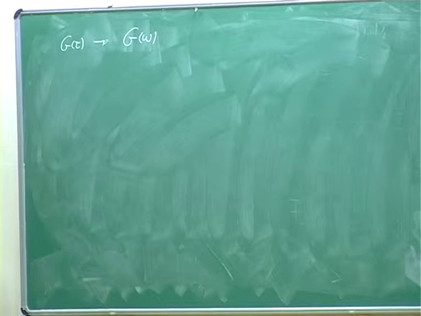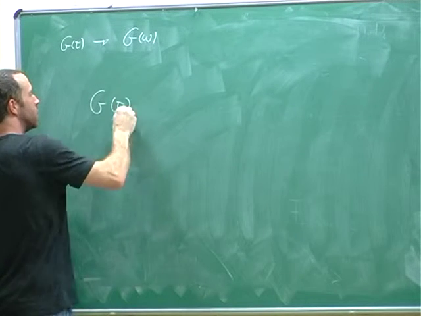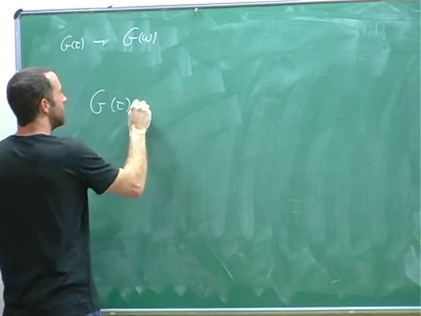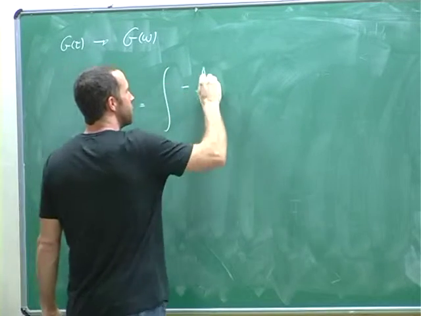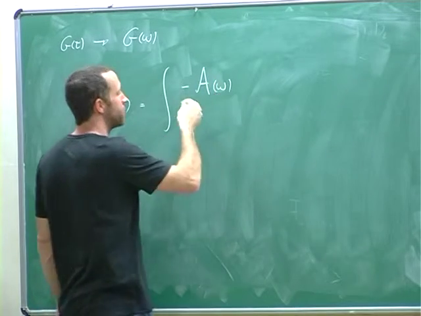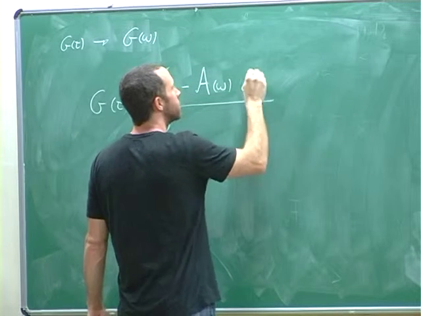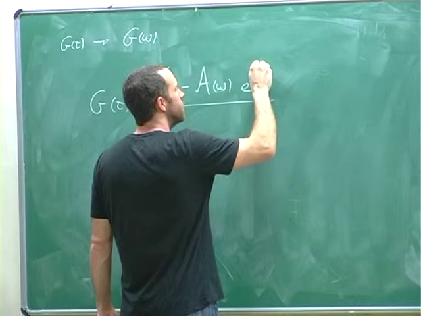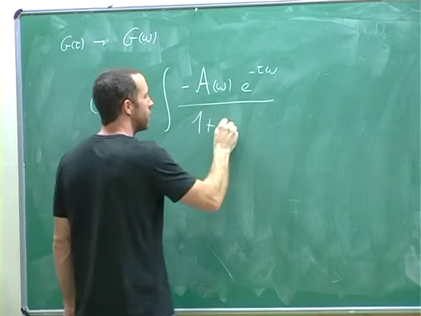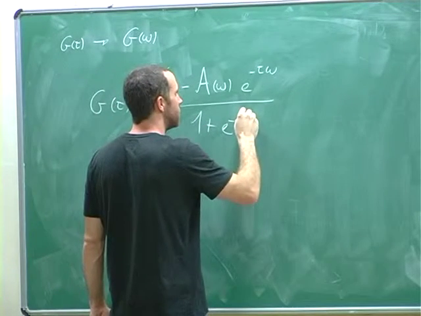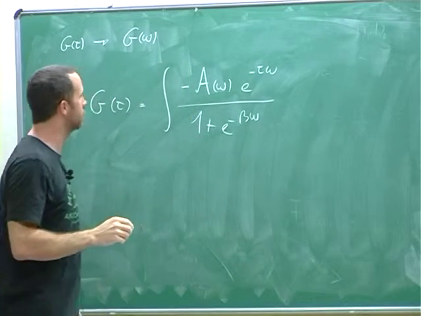The problem is that it's not easy to do, for the following reason. The expression of G of tau in terms of the spectral function is, so I'll try not to get it wrong, minus A, the spectral function A of omega, and there are some terms here. I think it's correct.